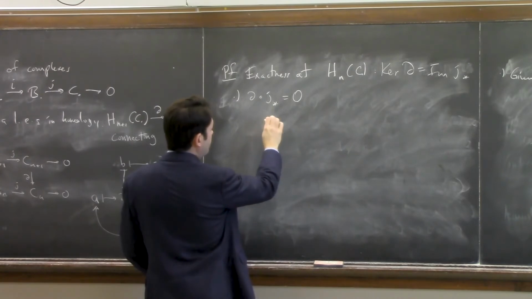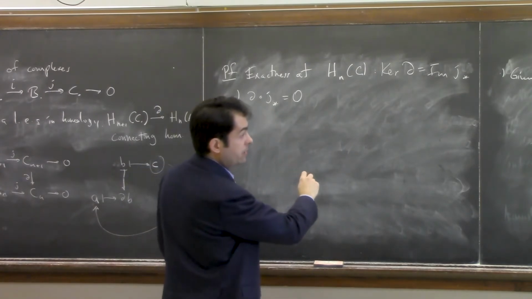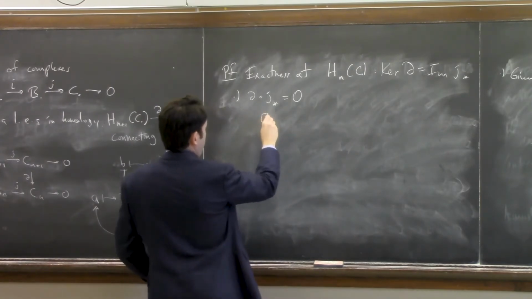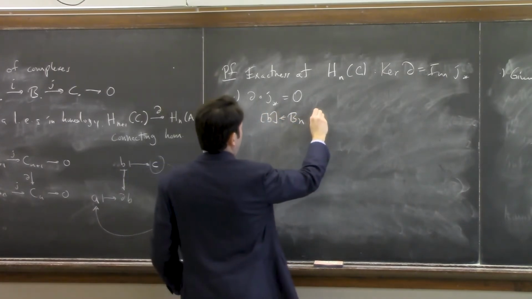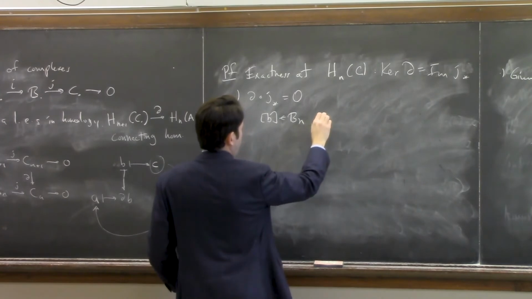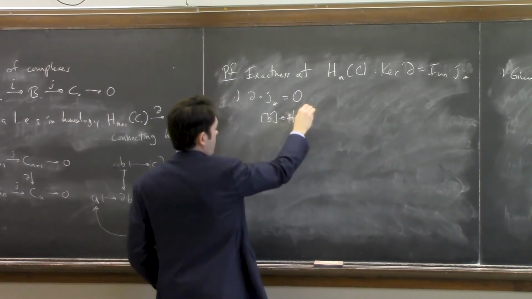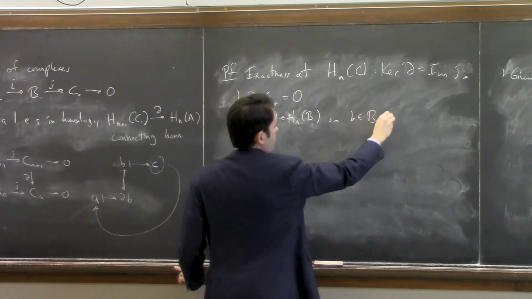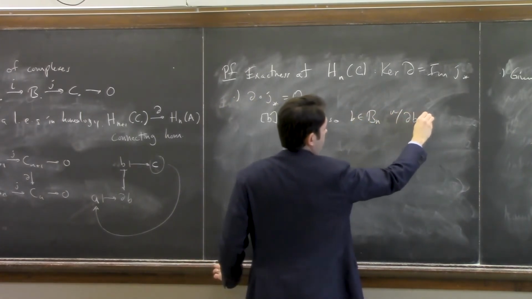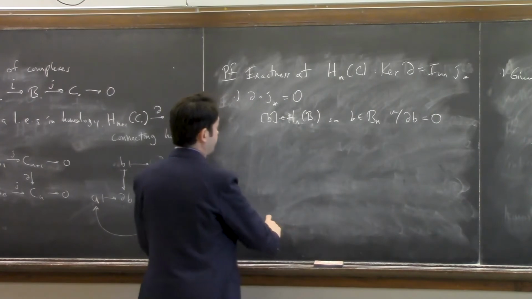So we want an element in H_n of B, so take B in B_n. So we have a representative in B_n with boundary of B equal to 0.